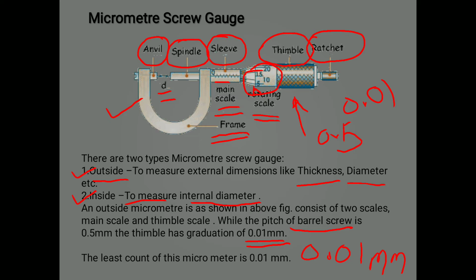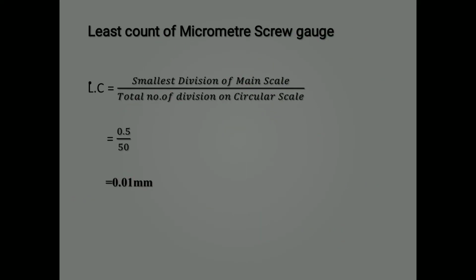Let us see how exactly the least count of a micrometer screw gauge is calculated. Here you can see the formula which is used to calculate the least count of a micrometer screw gauge.